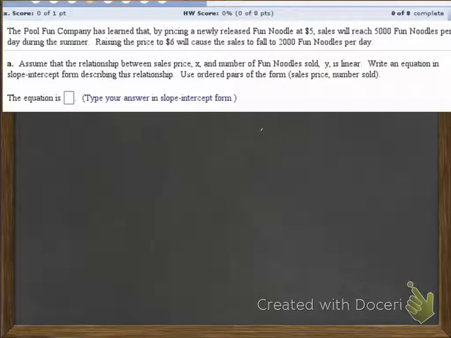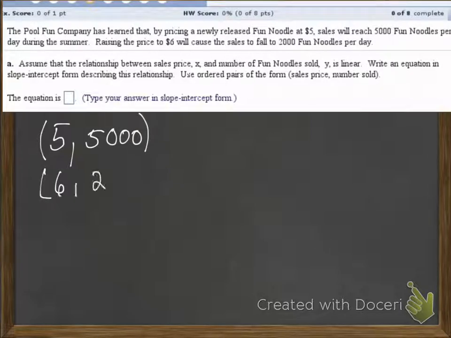So we can write down the 2 points in the form X, Y. When they charge $5, they'll sell 5,000 fun noodles per day. And when they charge $6, they'll only sell 2,000 fun noodles per day. And so we have our 2 points, and we want to find the relationship again. We're assuming it's linear. Okay.